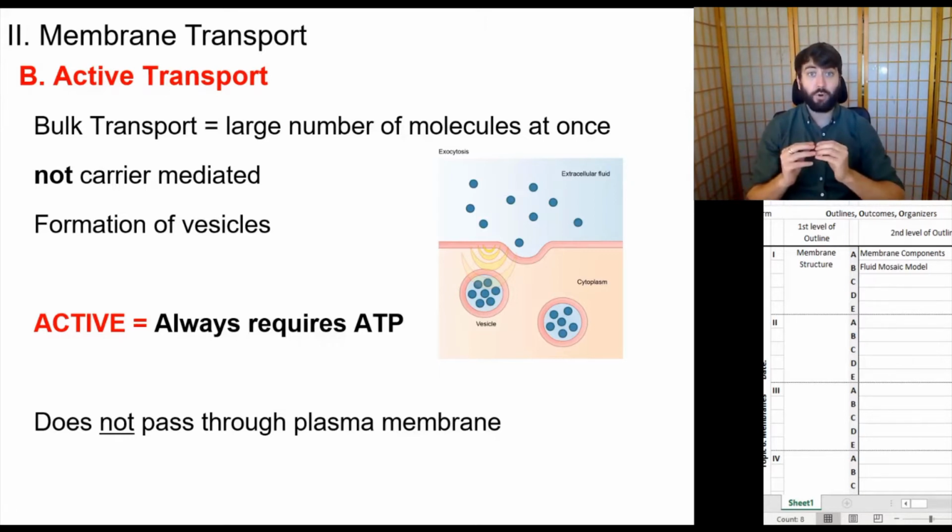Instead, they get brought into or out of the cell using those vesicles that we keep talking about, right? They're still considered a form of active transport because it definitely requires energy in the form of ATP.